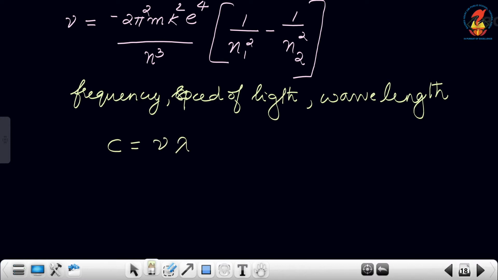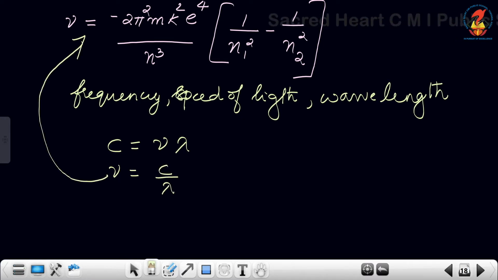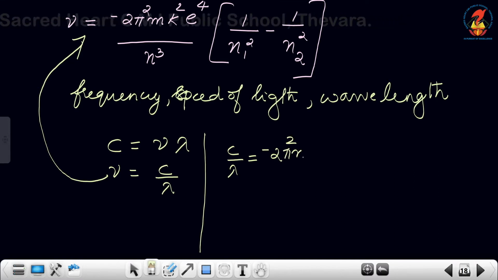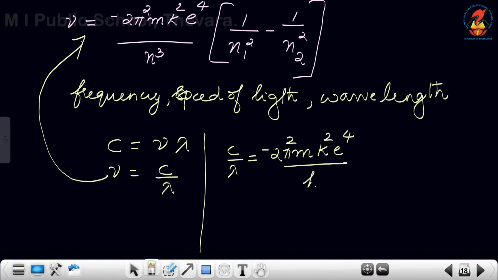Instead of V we are using C, or we can write nu is equal to C divided by lambda. Substituting the value of nu in the above equation we get C by lambda is equal to minus 2 pi square mk square e raised to 4 divided by h cube into 1 by n1 square minus 1 by n2 square.